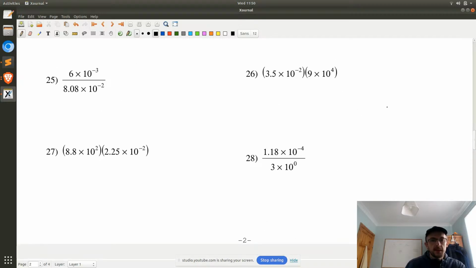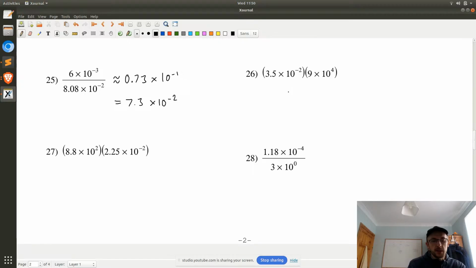So 6 divided by 8.08 is that. Approximately equal to sign 0.743 times 10 to the minus 1. 10 times bigger, 10 times smaller.